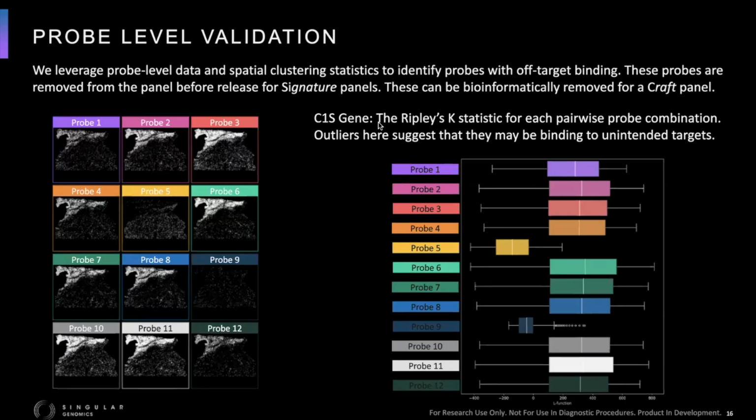We can then go in and perform a statistical analysis using Ripley's K statistics, looking at each pairwise probe combination. When we find outliers in the statistic, this suggests that there may be binding to unintended targets, thereby allowing us to uniquely go in and remove these probes from the panel. Again, this is something you could do bioinformatically, though it's an extra added step that you'll have to do in your own analysis.